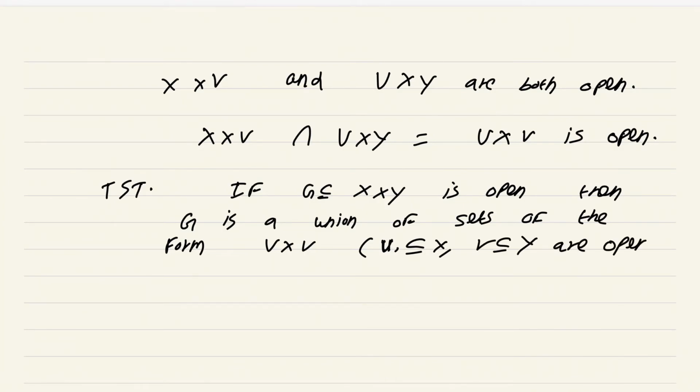This is our ultimate goal. Now what we are going to do is the following. We are going to take a pair (x, y) which is there in G, and we are going to find U, V.